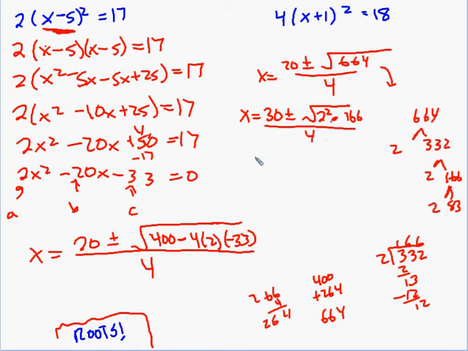And the square root of 2 squared is... So I obviously made an error somewhere here. I don't know where. And these cancel. I can divide those all by 2. Oh, this is a 30? No, that's a 20. So there's one error. That was a 20. So divide those by 2. 10 plus or minus root 166 over 2.